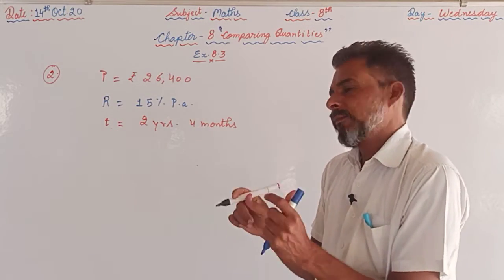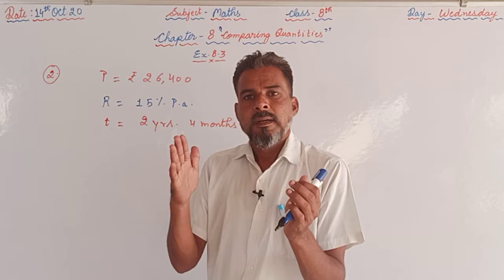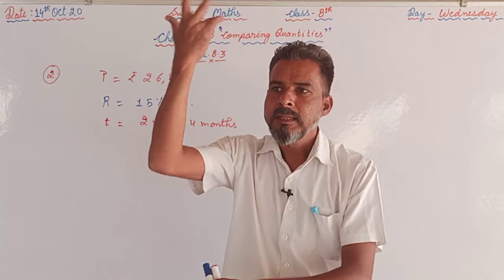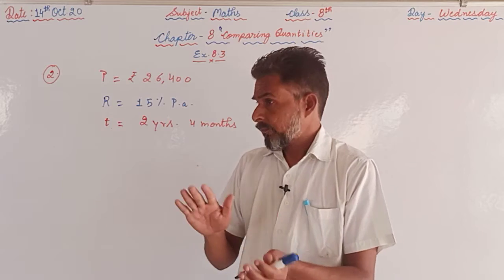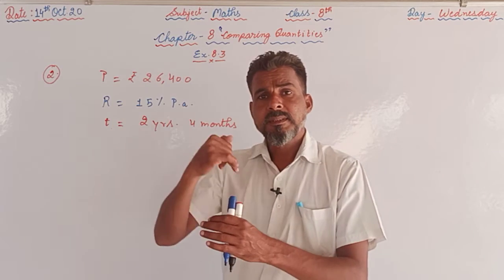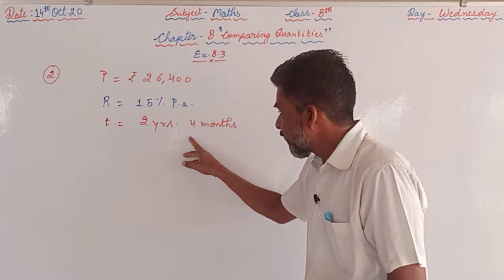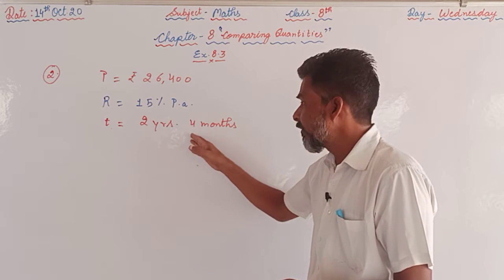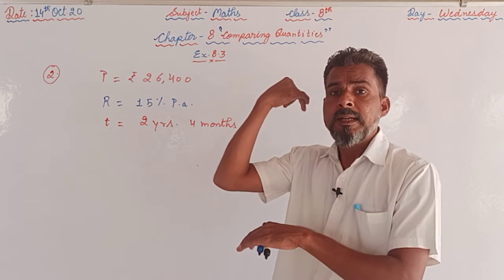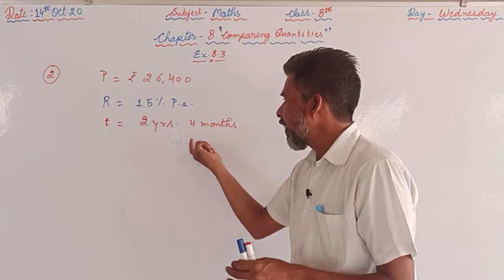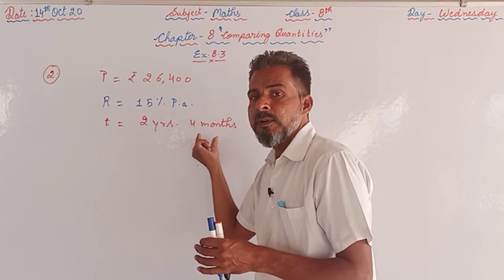The interest for the first year will be added to the principal of the second year, and then the second year's interest will be added for the third year. In the third year there will be simple interest only, because the interest is compounded annually at the end of the year, but we are supposed to calculate the interest only for 4 months.